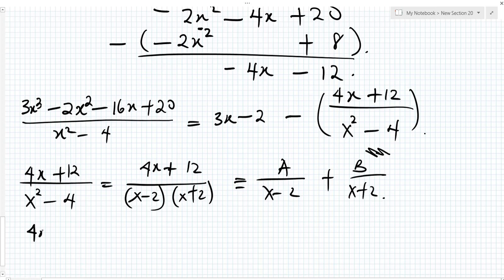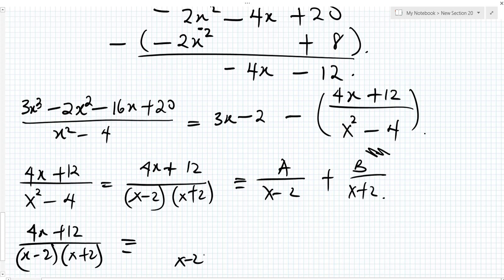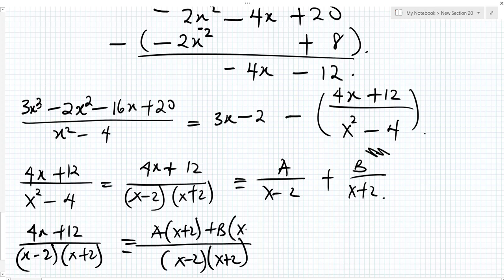So 4x plus 12 all over x minus 2 times x plus 2 is equivalent to a times x plus 2 plus b times x minus 2, all over x minus 2 times x plus 2.